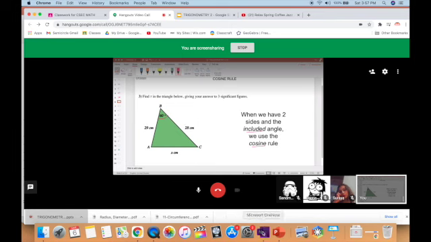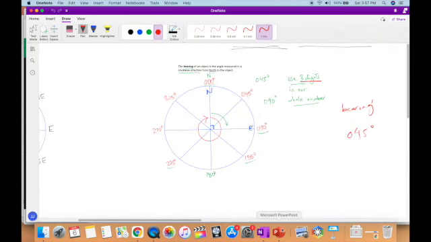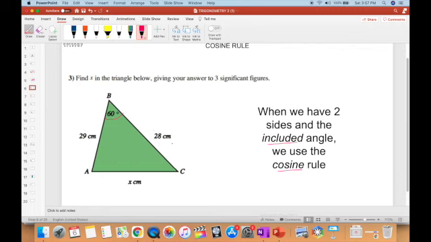With the sine rule, we needed two angles and their corresponding sides. But with the cosine rule, what do we need? We need the two sides and the included angle.